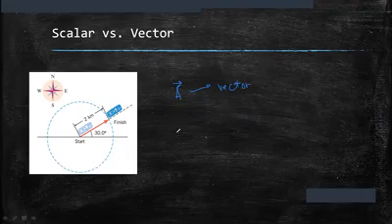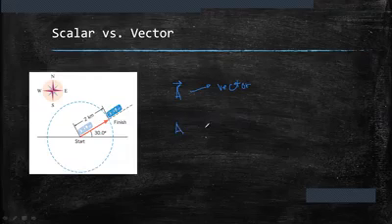So when you see a letter A only, that means we are looking at only the magnitude. Therefore, it is a scalar quantity. While a vector with the arrowhead gives us a sense of direction.